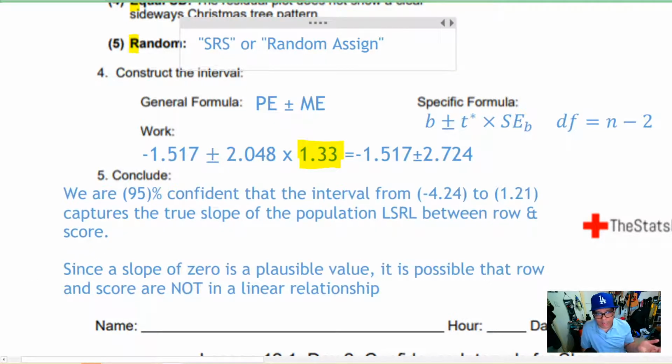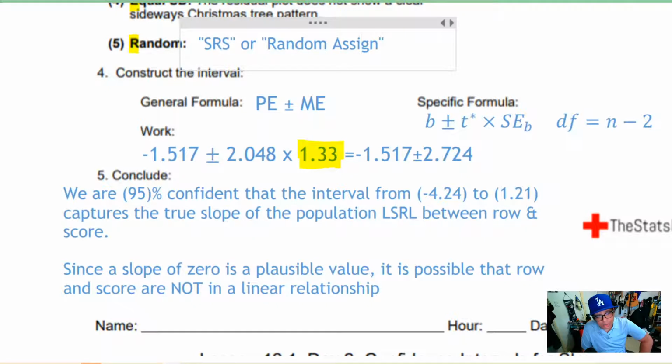So I'm looking at this confidence interval and I see that part of it's positive and part of it's negative. A special thing happens here, and this is a special bad thing. If 0 is a plausible value of the slope, then it's possible that row and score are not in a linear relationship.